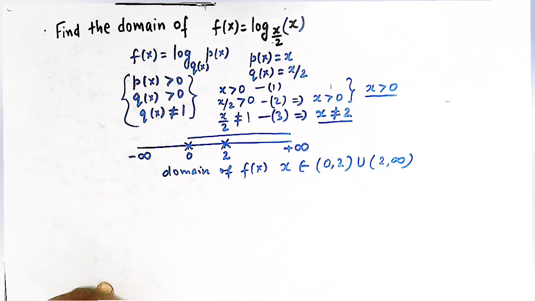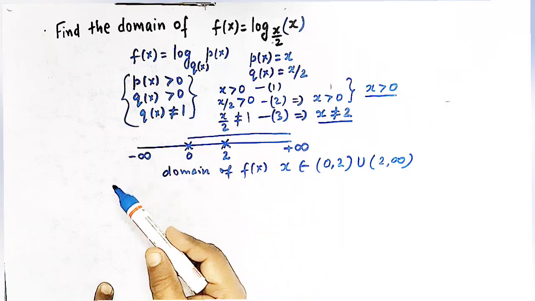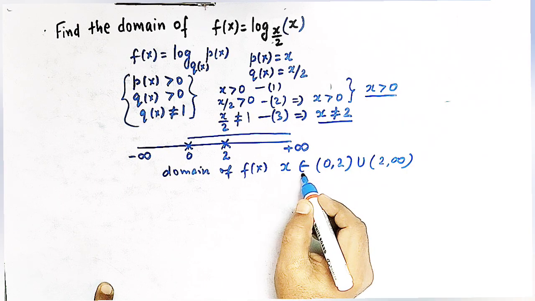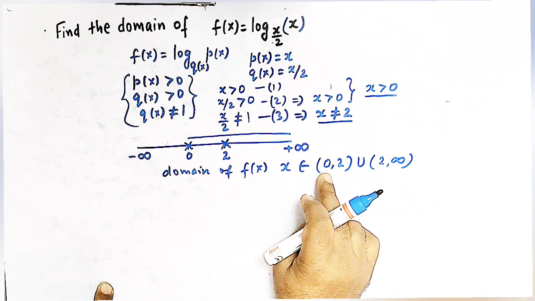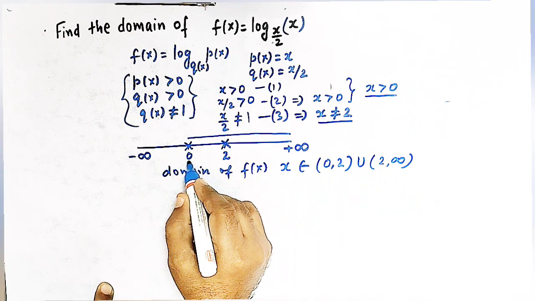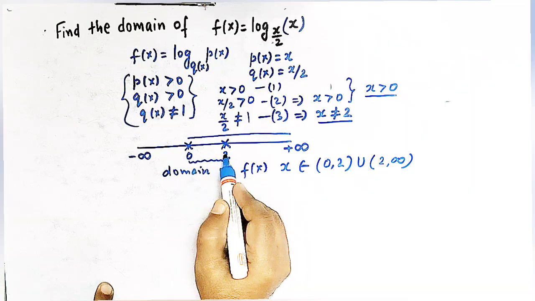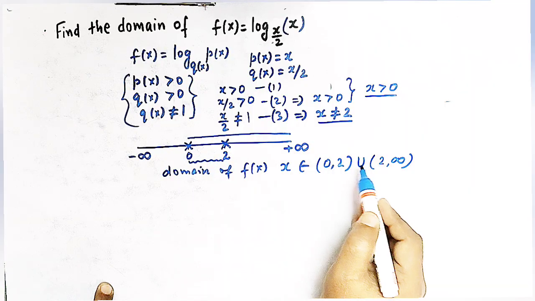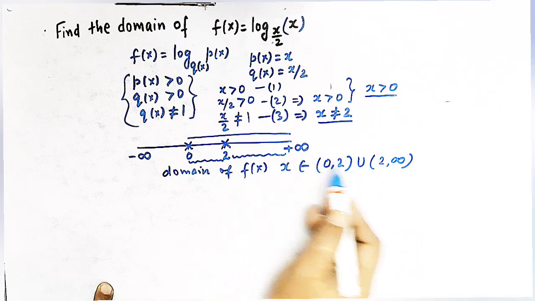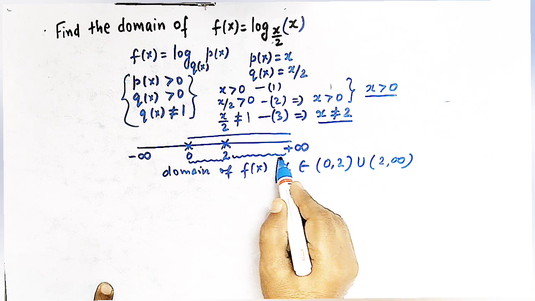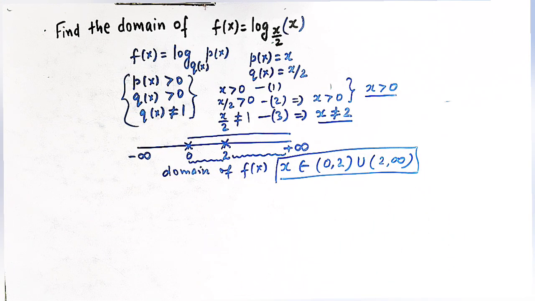So all the valid values of x for which this function is defined are given by x belonging to the union of these two intervals: first from 0 to 2, where both endpoints are not included, then the union, and then from 2 to infinity. This is the required domain of this function f of x.